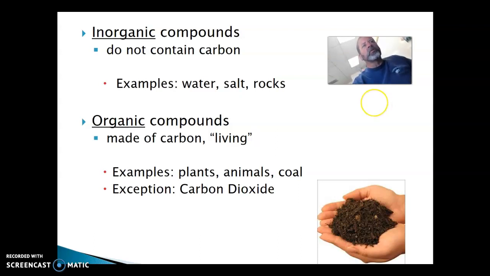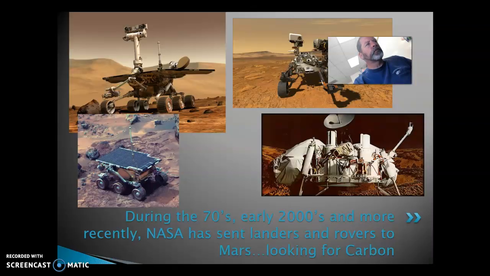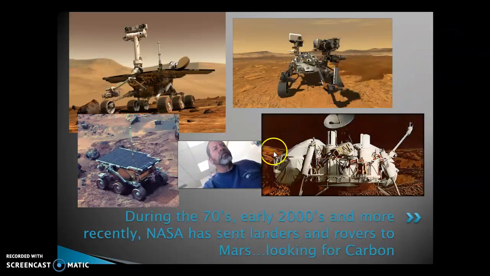So things that don't have carbon in them are inorganic compounds. We've sent rovers to Mars. We sent Viking 1 and Viking 2 about the time I was in preschool in the early 70s, and then there was a period of time we didn't, but then we started sending rovers.